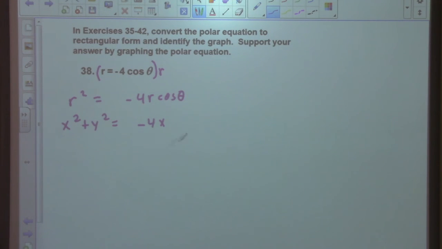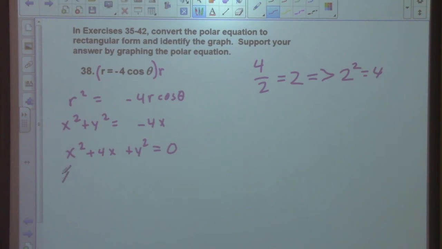And then if we add 4x to both sides, we get x squared plus 4x plus y squared is equal to 0. And what can we do to make a perfect square out of the x business? What do we have to add? Yeah, we're going to have to add 4. Let's do the arithmetic on that. So if we take 4, which is our middle coefficient, divided by 2, we get 2. And if we go ahead and square that, we get 2 squared, which equals 4.